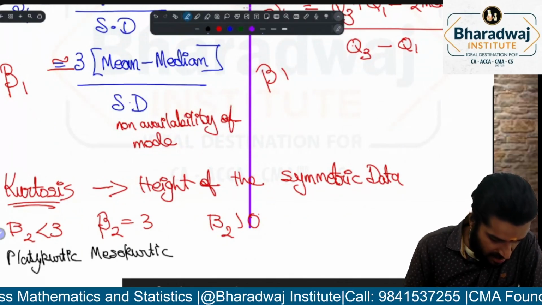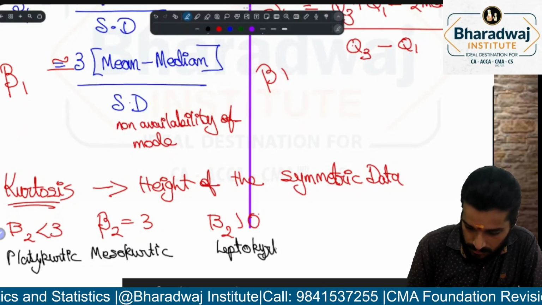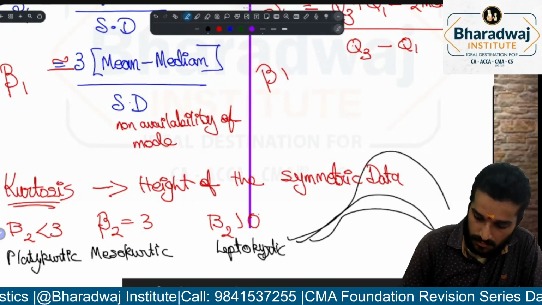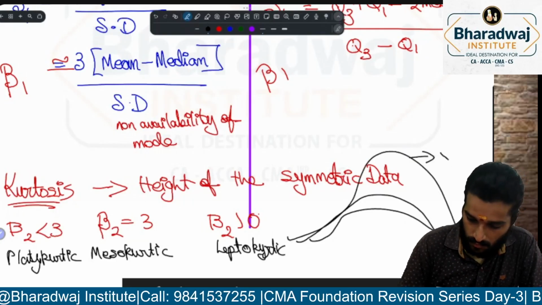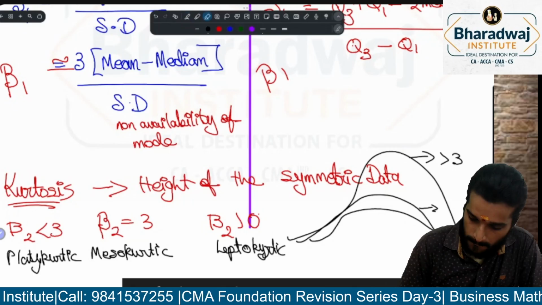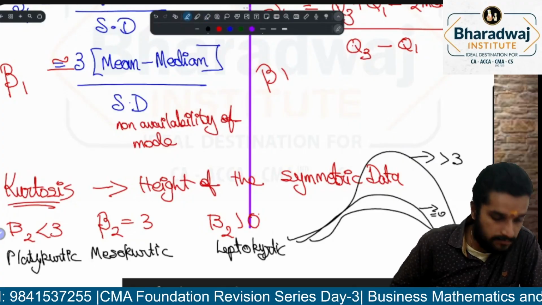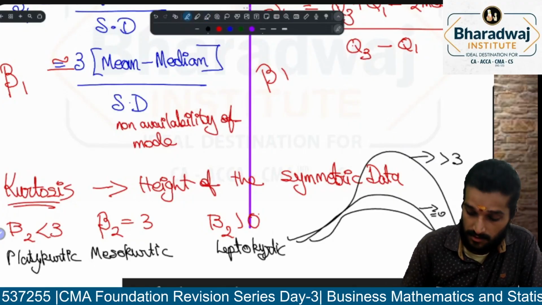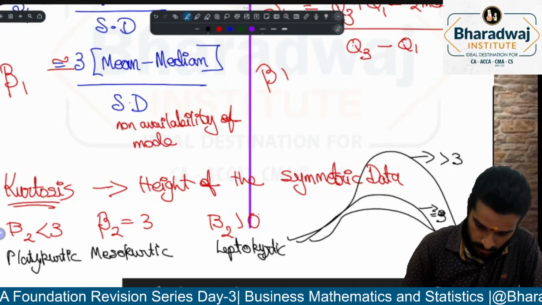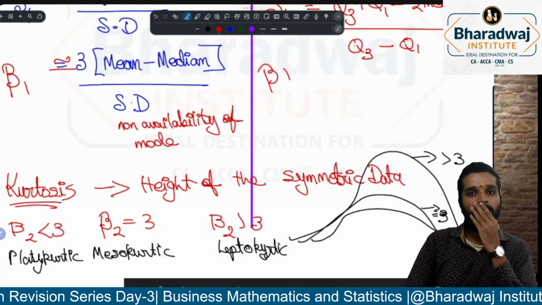If it is greater than 3, we call it leptokurtic. Clear? Beta 2. Clear?